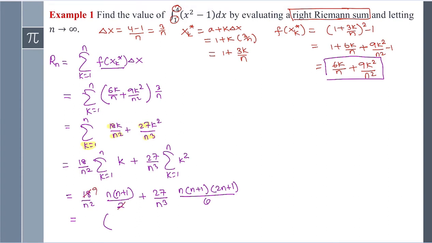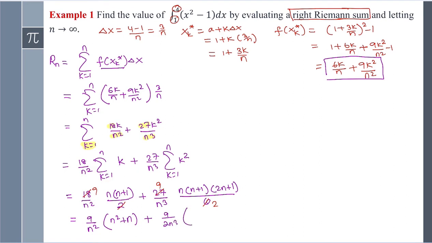So we get 9 over n squared, then n squared plus n. Plus, here also we can cancel out some of these things: 3 goes into 27 nine times, and 3 goes into 6 two times. So we can rewrite this as 9 over 2n cubed.